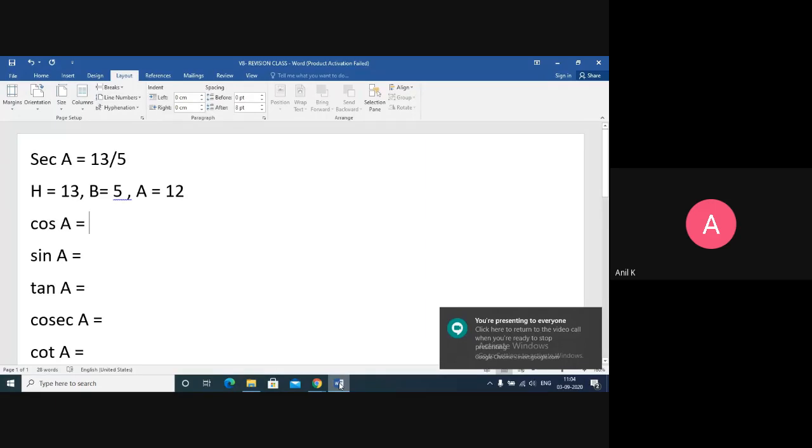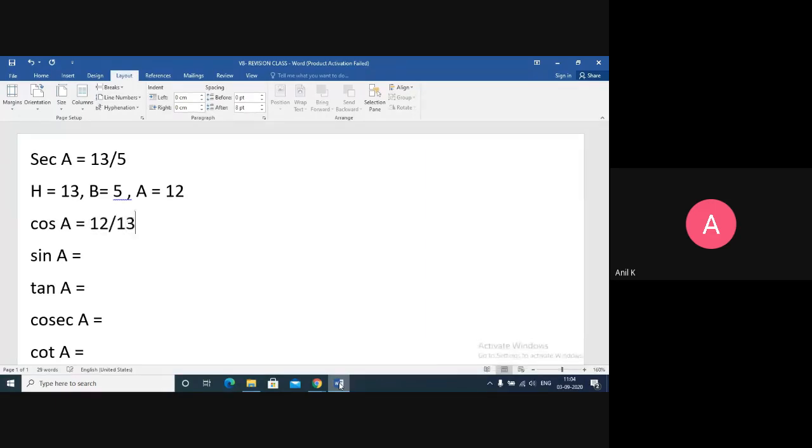So cos A is adjacent upon hypotenuse, which is 12 upon 13. Sorry, base upon hypotenuse, right? It's 5 upon 13. Sine is opposite upon hypotenuse, which is 12 upon 13.